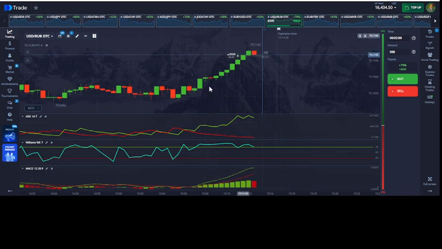So all these confluences suggest a continued bullish push to the upside in the price of USD RUB, Russian ruble, over the next 2 minutes. So let's monitor this trade and wait for the expiration.